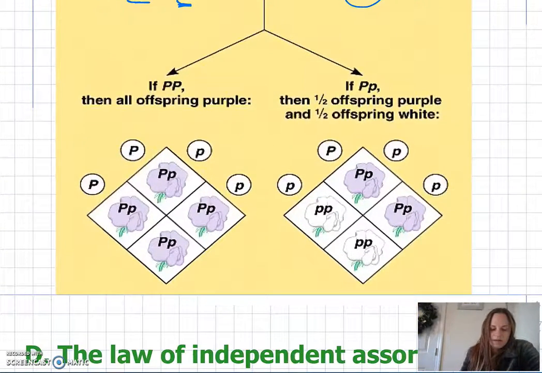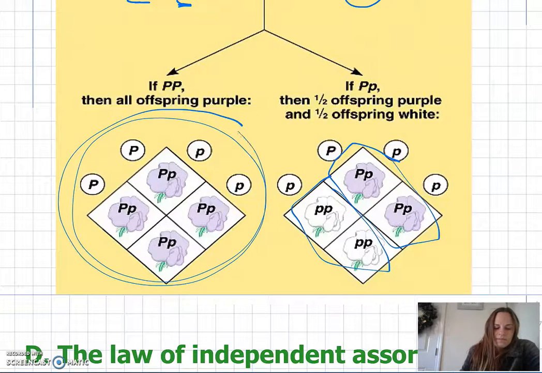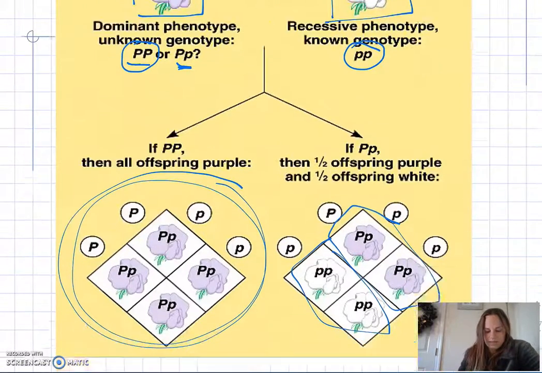So what he ended up with was either all purple offspring or half purple, half white offspring, meaning that there's more of a likelihood that the phenotype was homozygous.